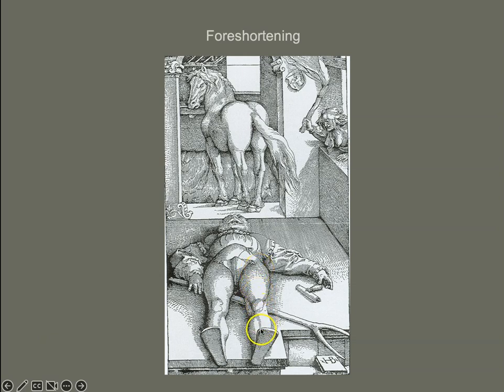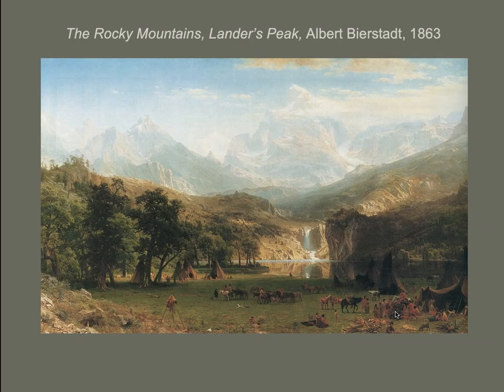If you can imagine what he would look like standing up, the legs are going to look longer standing up than they would laying down. A good example of that is to take your finger and point it up at the ceiling and look at how long it is. And then I want you to point it away from you and look at how short it looks. Okay, so that is an example of foreshortening.